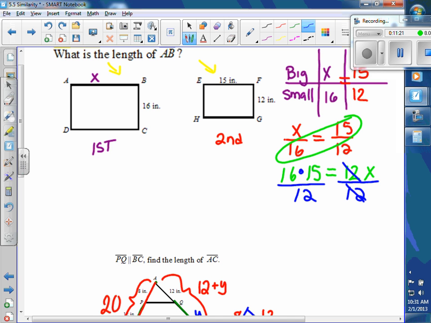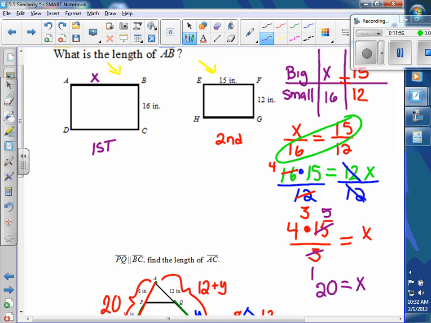So this reduces, and remember here, you can practice simplifying. So 4 goes into 12 3 times, and 4 goes into 16 4 times. So this is the same as 4 times 15 divided by 3. That's what's going to give us x. And you can say 3 goes into itself 1 time, 3 goes into 15 5 times. So our final answer is 4 times 5, which is 20.